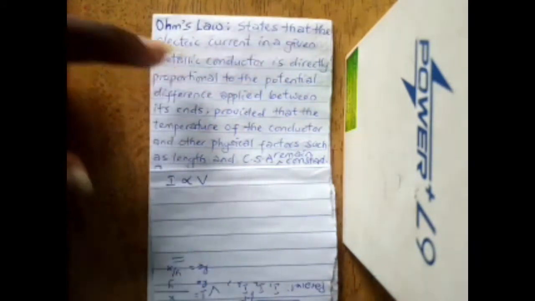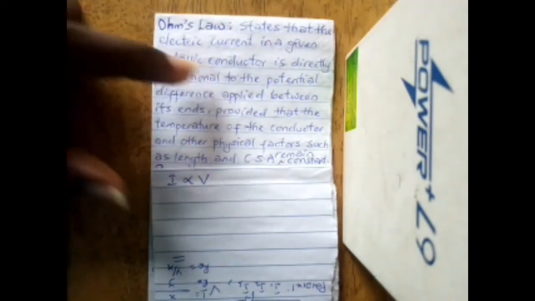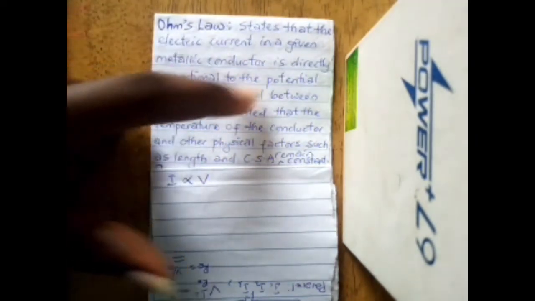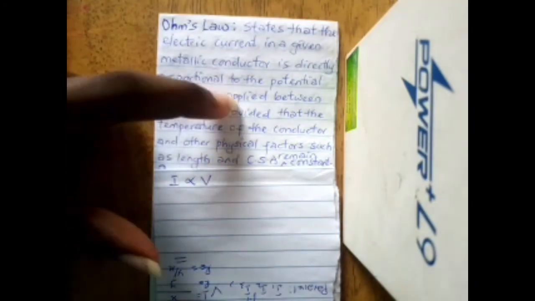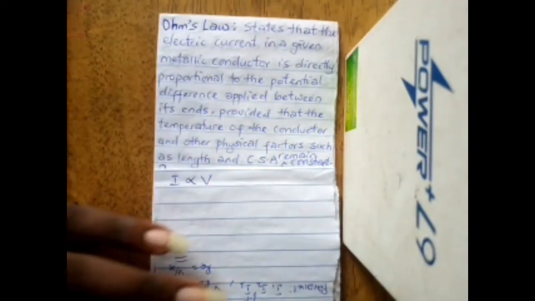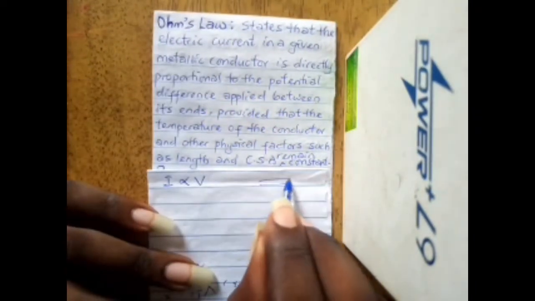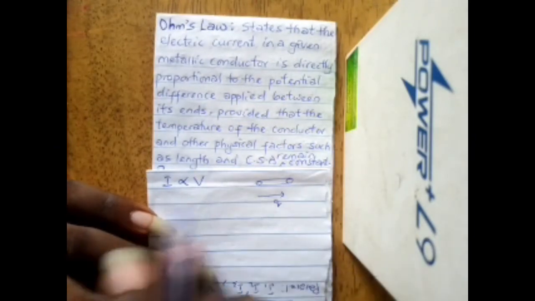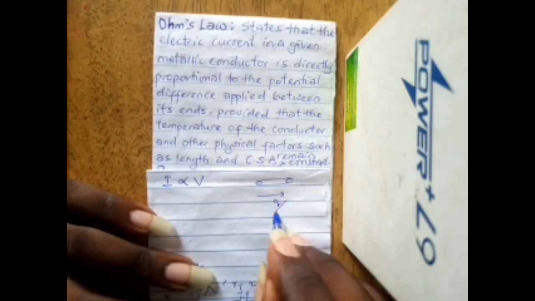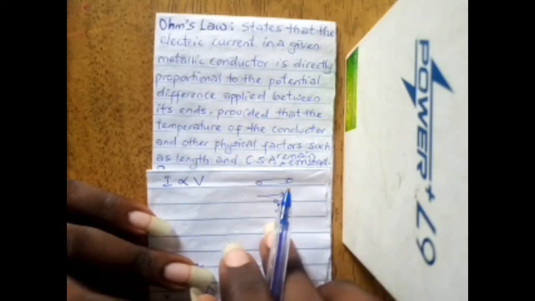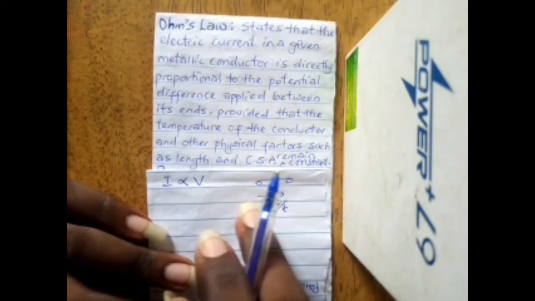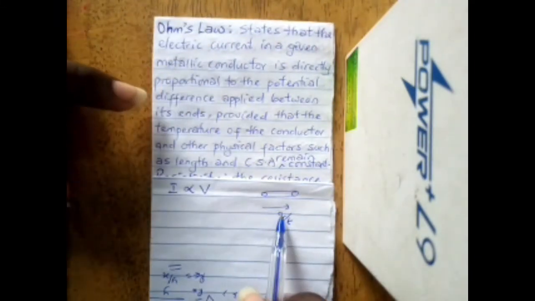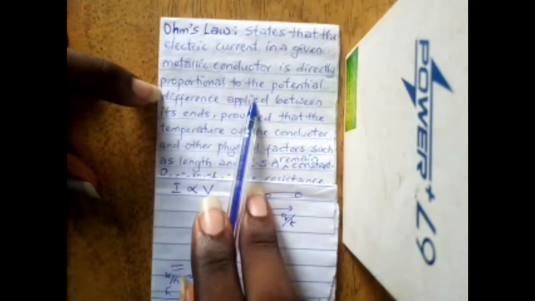It says that for any metallic conductor, the electric current is directly proportional to the potential difference applied between its ends. So for any given metallic conductor, the current flowing through, which is charge per unit time, is directly proportional to the potential difference applied between its ends.